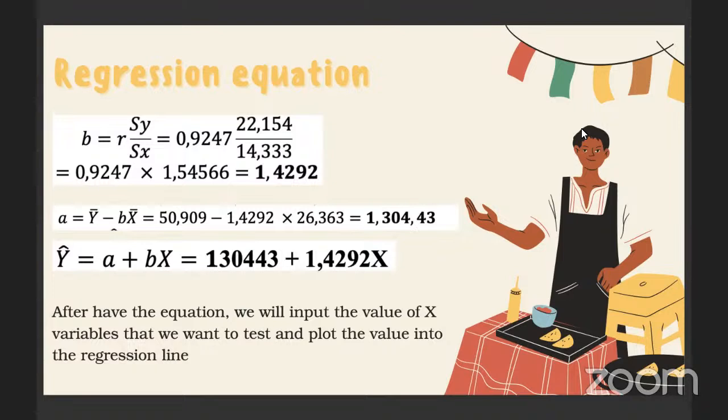And then we input the a and b values into the equation of y. It will be 1.304 plus 1.4292 times the inputted x. We must input the value of x if we want to test the regression.